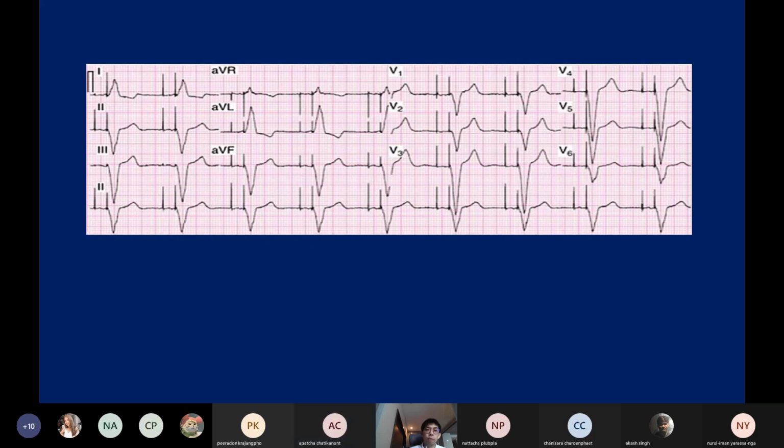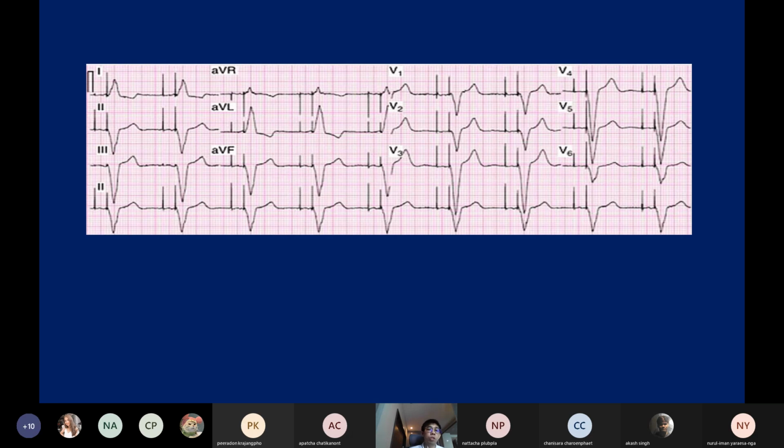So the first letter should be D, because this pacemaker can pace both the atrium and ventricle. And usually if you put the lead in, if the pacemaker can pace both atrium and ventricle, it usually can sense from both leads.